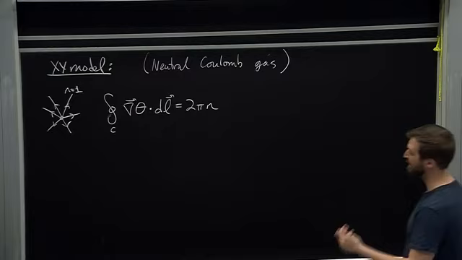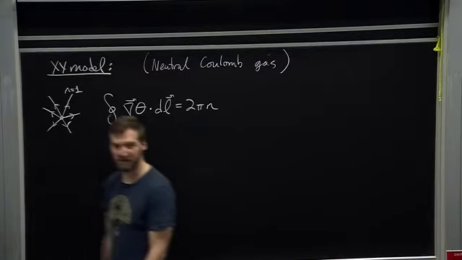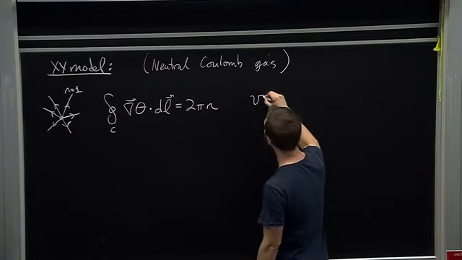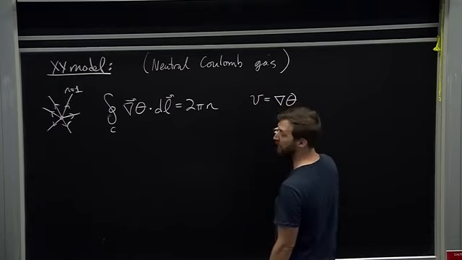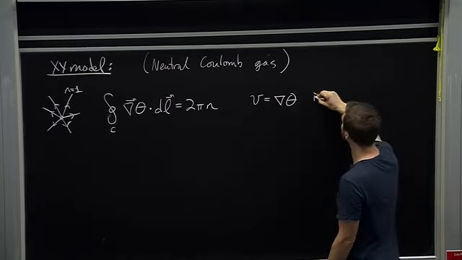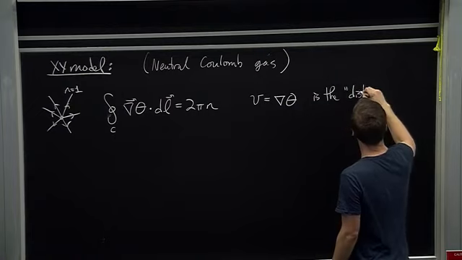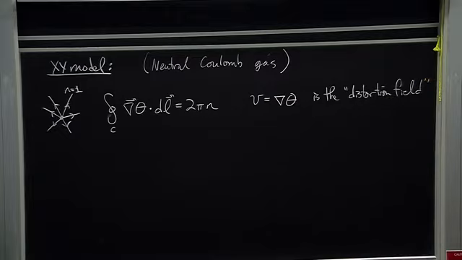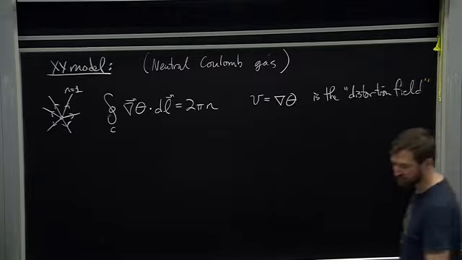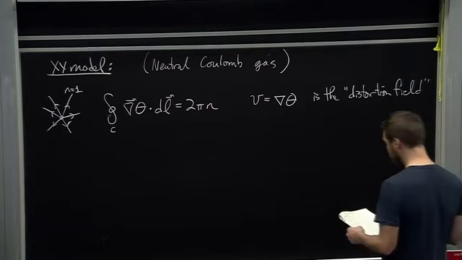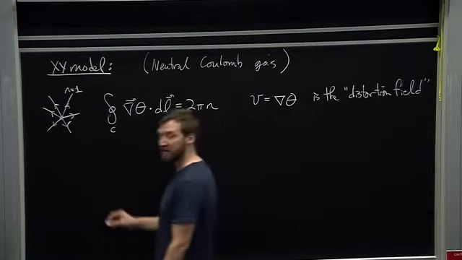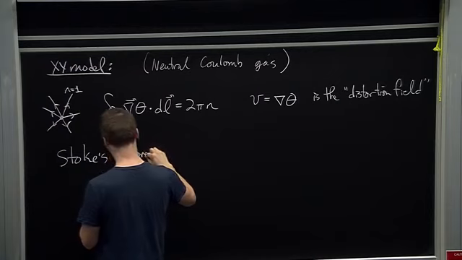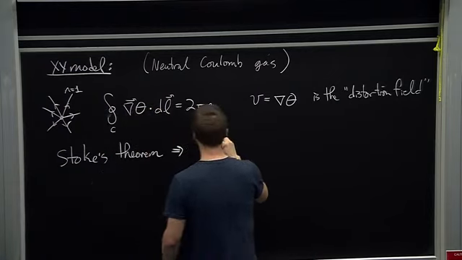And I'm going to use this definition of a velocity. Sometimes it's just called a distortion field. And I'm going to set h bar and m equal to 1. Okay, so just like the velocity field for a massive superfluid, say. So then let's just apply Stokes' theorem. Okay, so what does that mean?